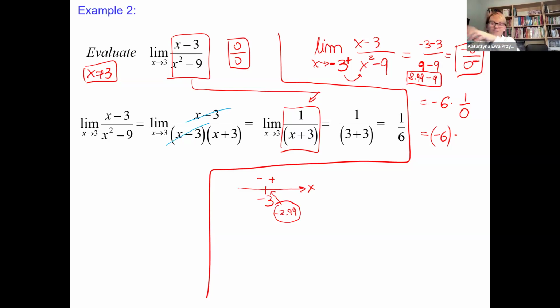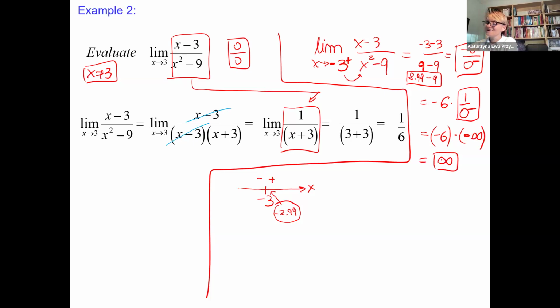That means I can indicate, for the 0, negative or positive, the left or the right-hand side. This is negative. 1 over a small negative number is negative infinity, a negative big number. And now negative times negative is positive. Times 6 doesn't change that.